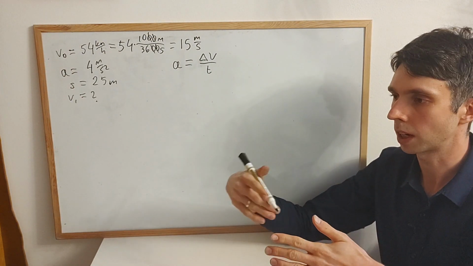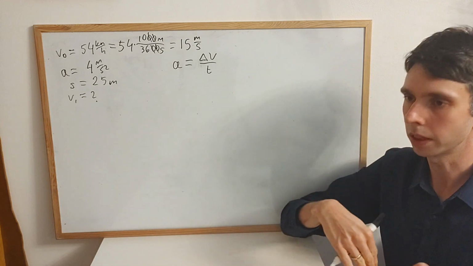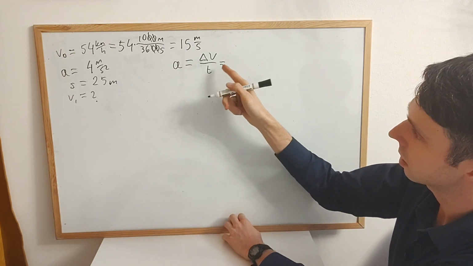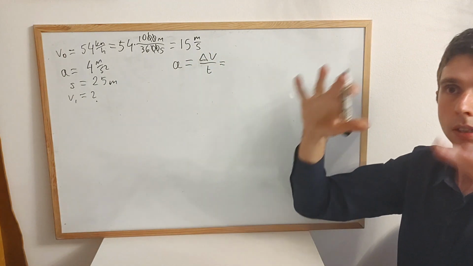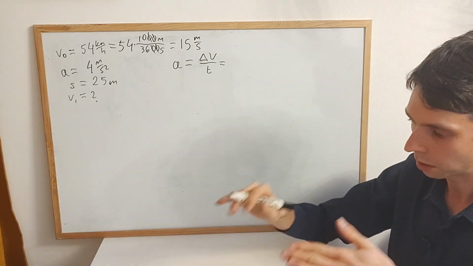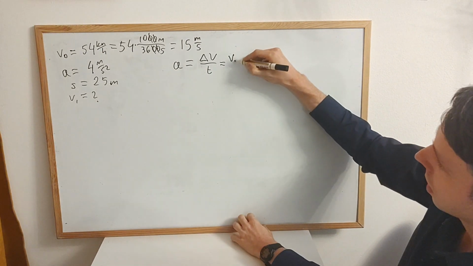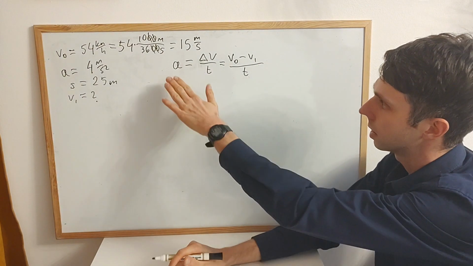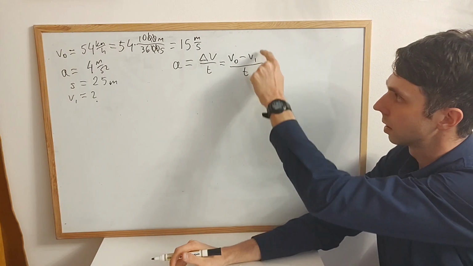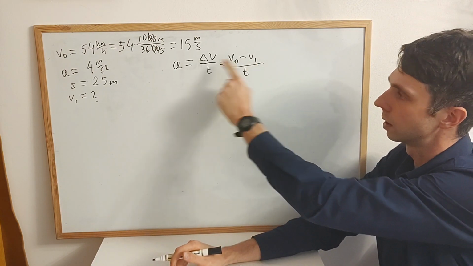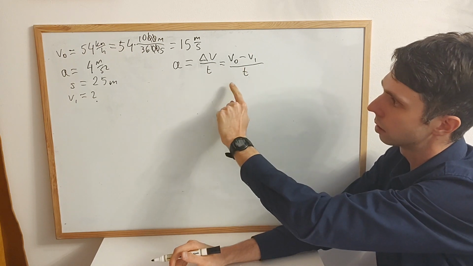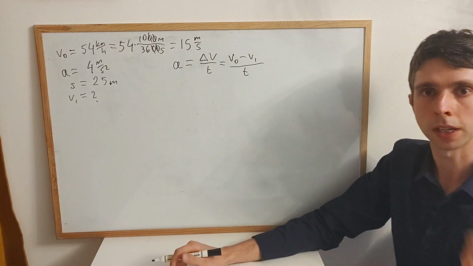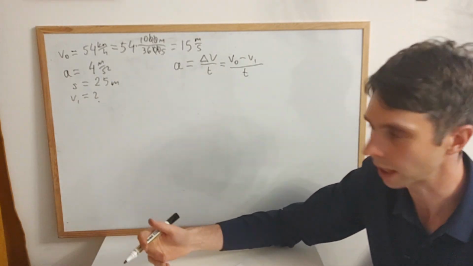So we have to subtract the smaller value from the greater value. The greater is the initial speed when you slow down, when the car is braking. So a equals initial speed minus final speed divided by time. Here you have the V1 which you are looking for, but you also don't know t. T is also unknown, so you have two unknowns in one equation, so we need a second equation.